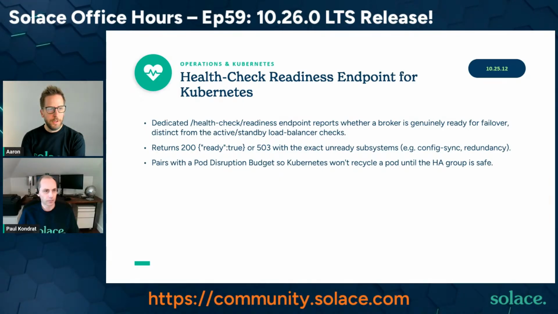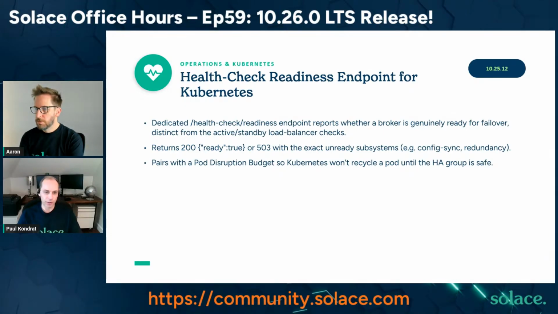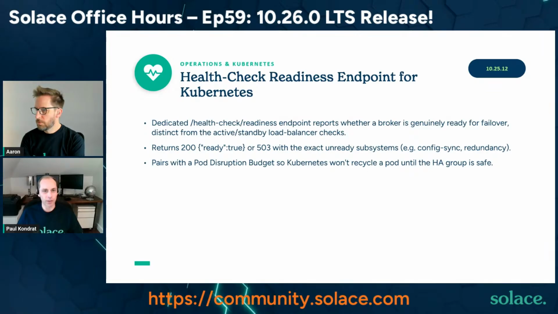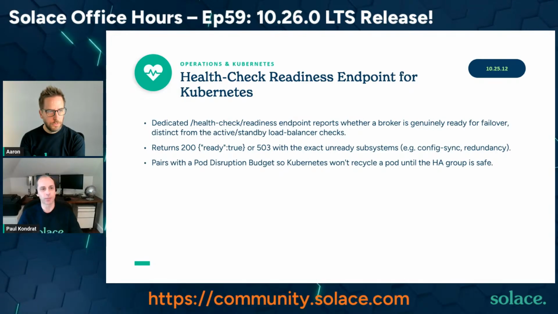But I'm assuming, Paul, that this feature came about because of Helm charts, where you would want to know whether the pod is healthy, basically checking if the standby broker is in a good state, right? Yeah, there's the normal load balancer active-inactive endpoint that we have, but Kubernetes has some pretty specific requirements for readiness to take activity, like in the case of a rolling upgrade.